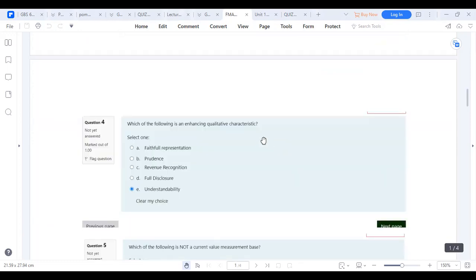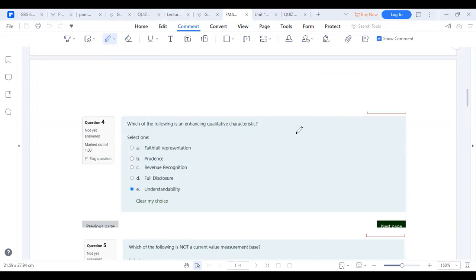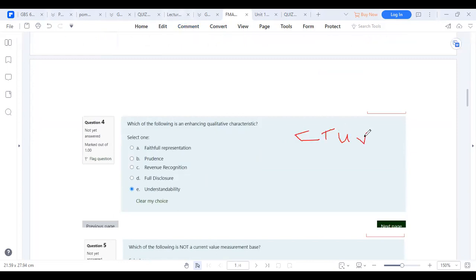Which of the following is an enhancing quality or characteristic? Remember, CTUV. Do you remember them? There is timeliness, understandability, verifiability, consistency. So we have understandability.